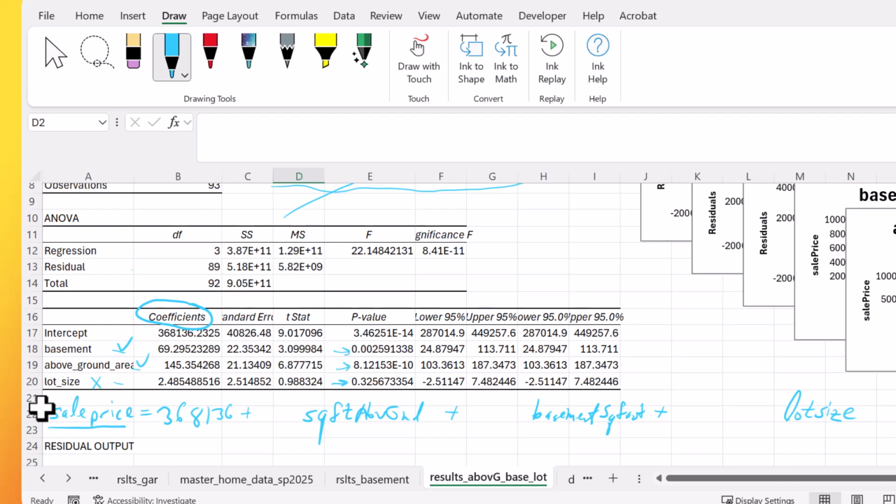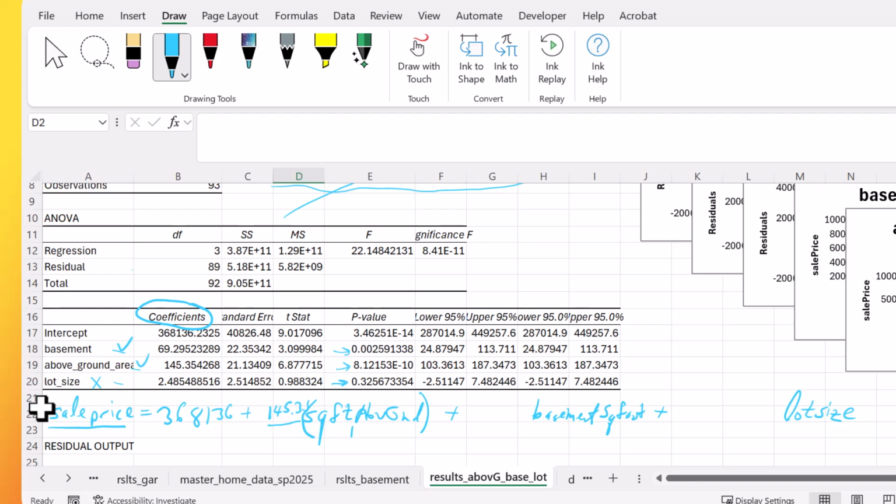We have a coefficient for above ground. This says 145.35. What this is saying is for every 1 square foot that I increase the size of the house, I get a $145 increase in the sale price of the home. So every square foot is worth about $145.